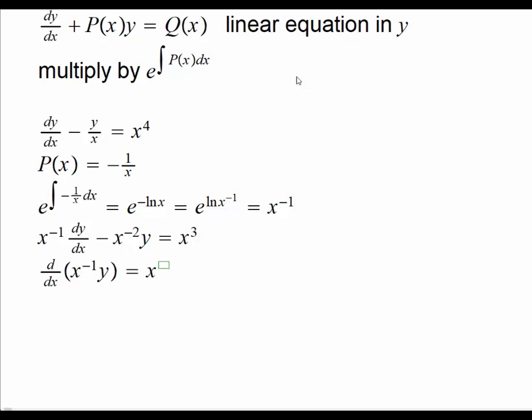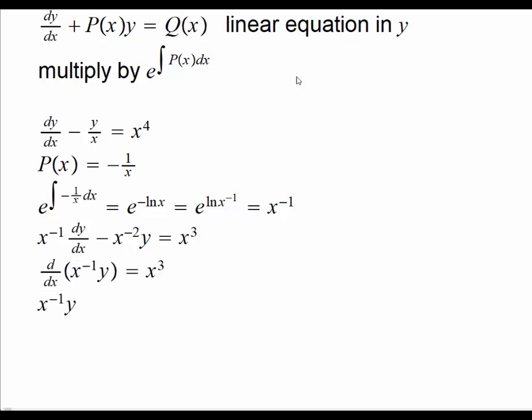I know it doesn't seem that clear yet, so we are going to create a formulated technique. But before that, you can notice that now we can integrate both sides.